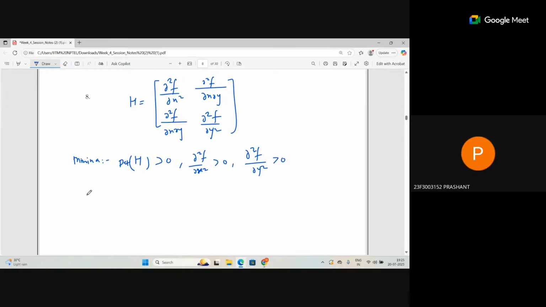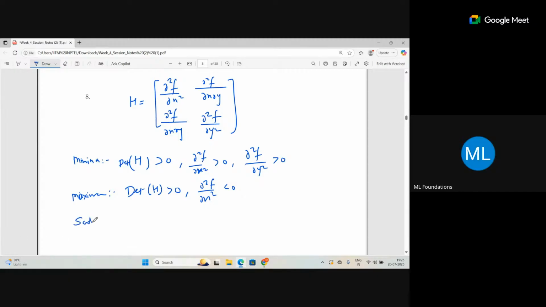I think for two variables, only two conditions are enough; we only need to check for x. So for maxima, the determinant has to be greater than 0, and del 2f upon del x square less than 0. That is your maxima.